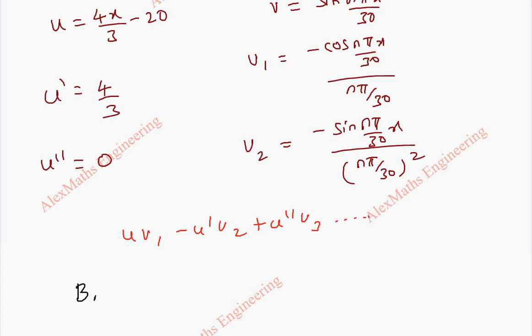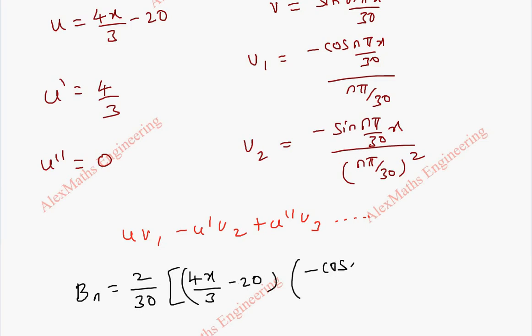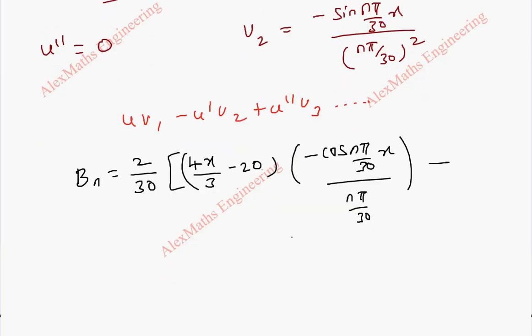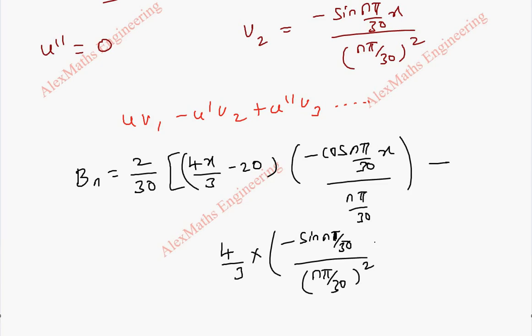So Bn equals (2/30) times [u, which is 4x/3 minus 20, into v1, which is minus cos(nπx/30) by nπ/30, minus u', which is 4/3, into v2, minus sin(nπx/30) by (nπ/30) whole square], and our limit is from 0 to 30.